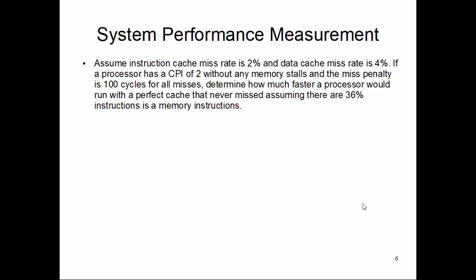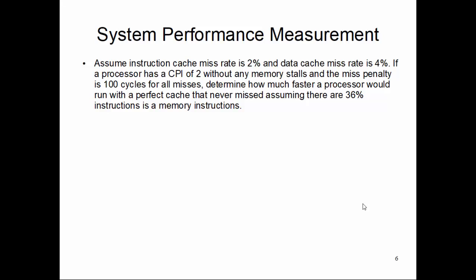Let's take one problem example. This problem says assume the instruction cache miss rate is 2% and the data cache miss rate is 4%. Remember we have two types of caches in the system.